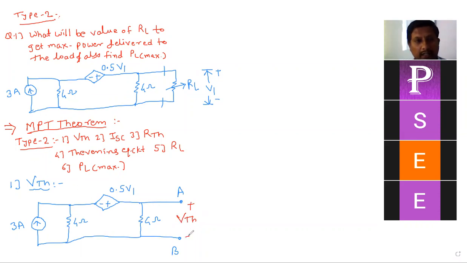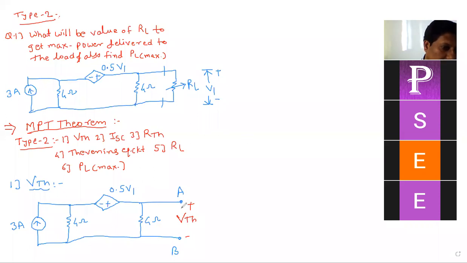Okay. Now who will tell, if here V1 becomes VTH, then what will be the modification in this point? Whether it remains V1 or it should be VTH. काय होणार?